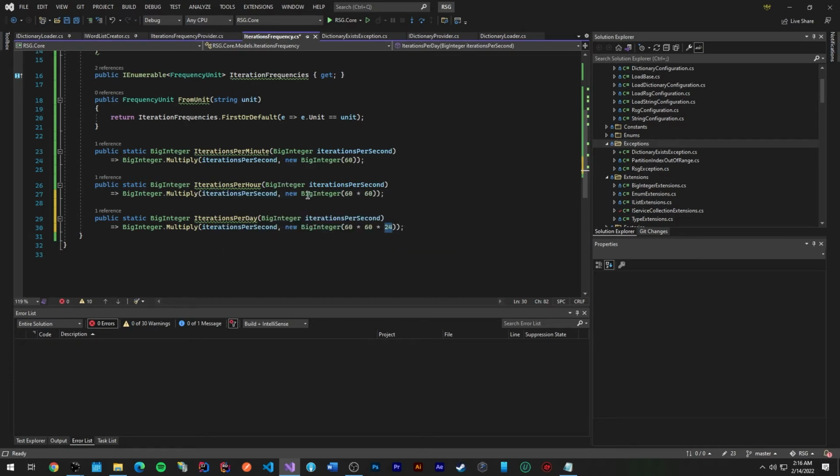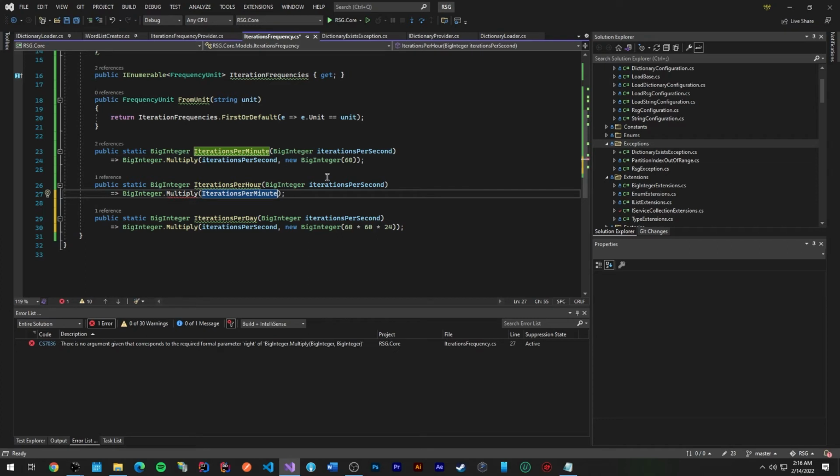Well, let's fix the hour, and we can do that by actually reusing the function. So let's call iterations per minute to calculate this. In order to calculate the iterations per hour, we calculate the iterations per minute by passing in the iterations per second. We pass that in, and we multiply by 60 only.